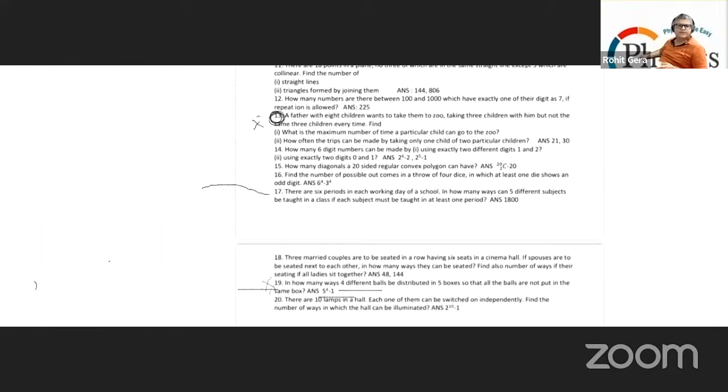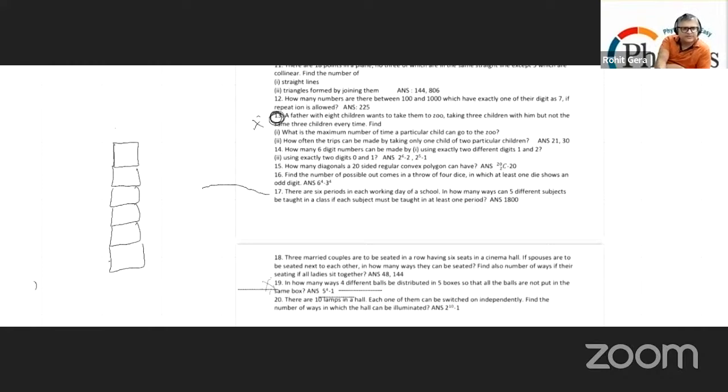Each subject must be taught in at least one period. पांच सब्जेक्ट है ना, तो 6 स्लॉट, 6 क्लासेस हैं. एक सेकंड पीरियड, थर्ड पीरियड, फोर्थ पीरियड, फिफ्थ पीरियड, सिक्स्थ पीरियड.